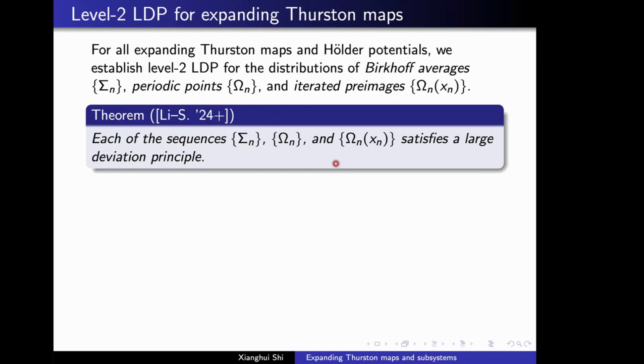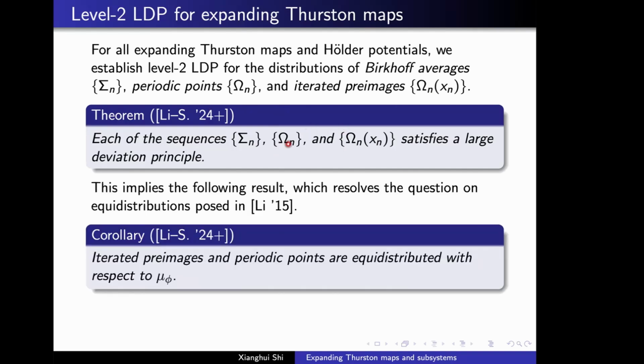You can find them in our paper, or we can discuss in the question part. And this level 2 LDP implies the following equidistribution result, and this resolves the question posed by Li in the previous paper.